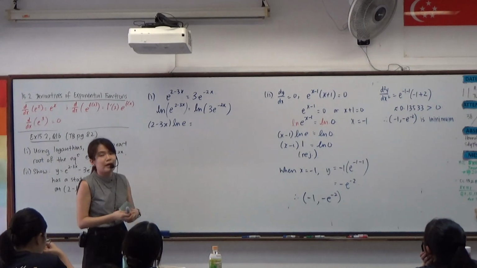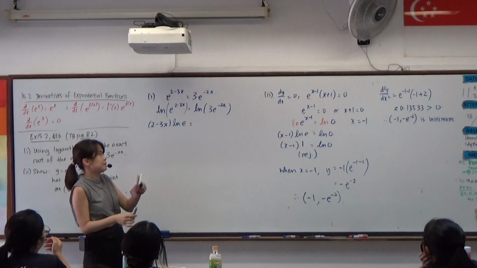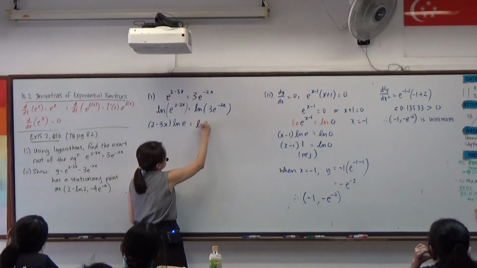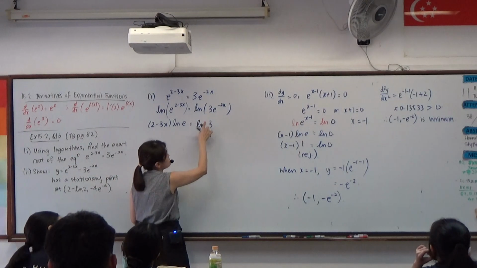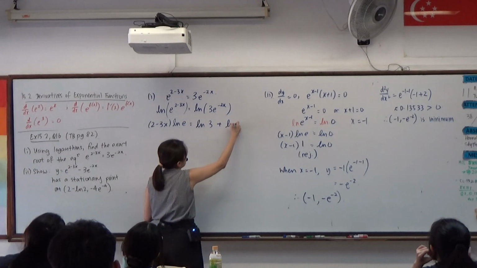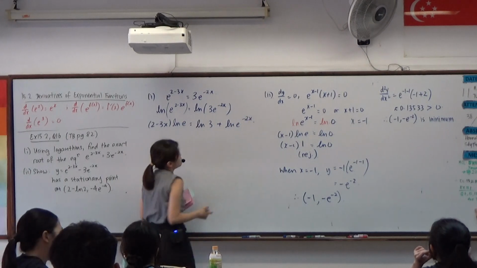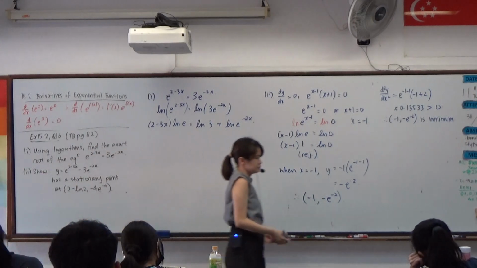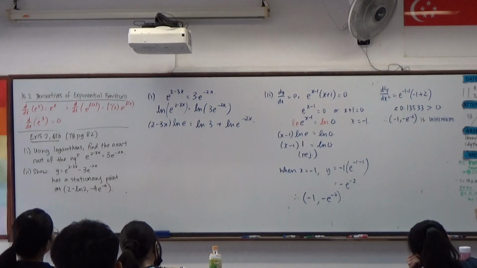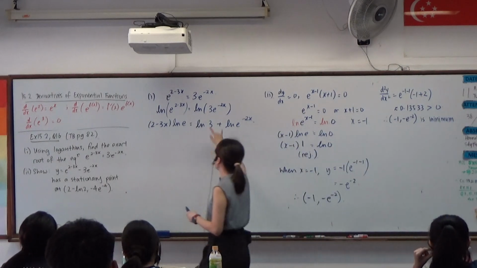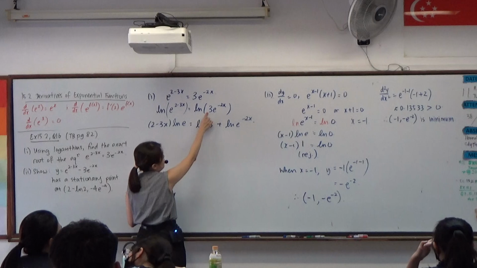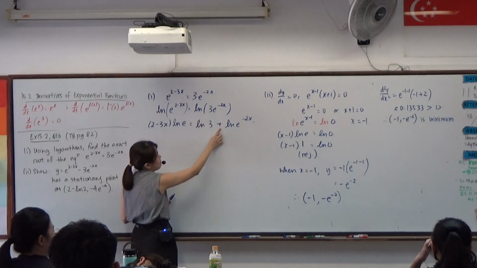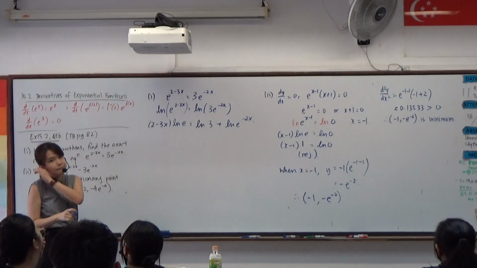In this case, you can break it up using your law b, because they are multiplying, so ln 3 plus ln e to the power of negative 2x. Remember, when it is a product inside the logarithm, you can split them up and change it into a plus.